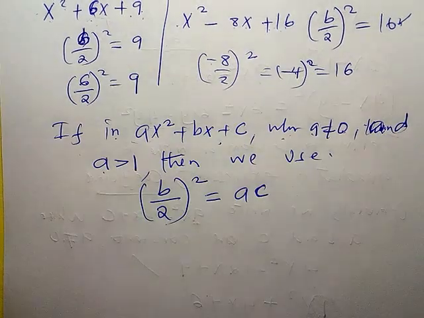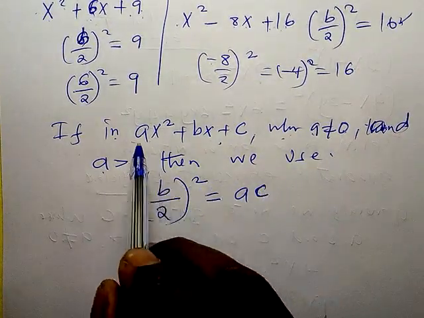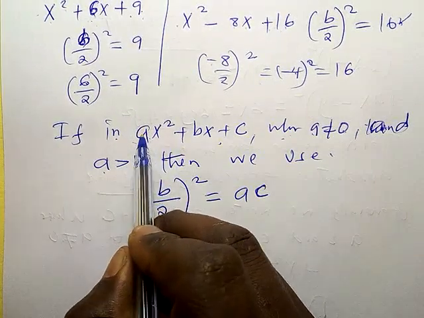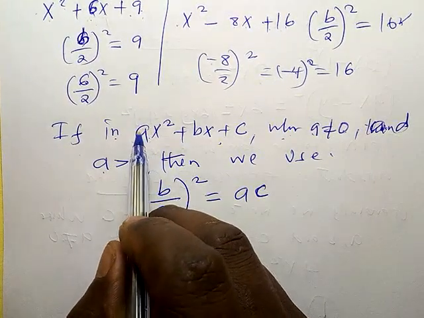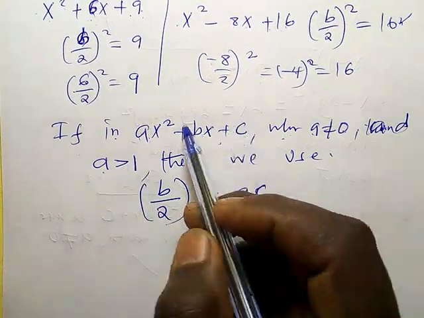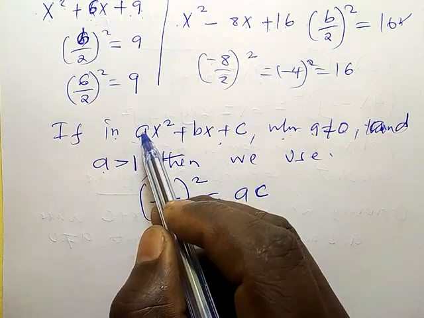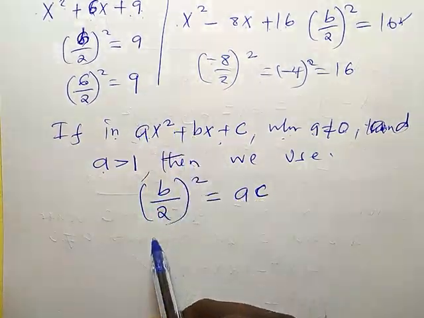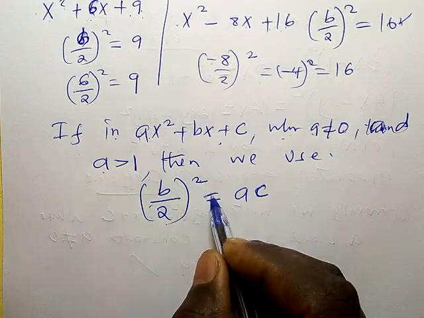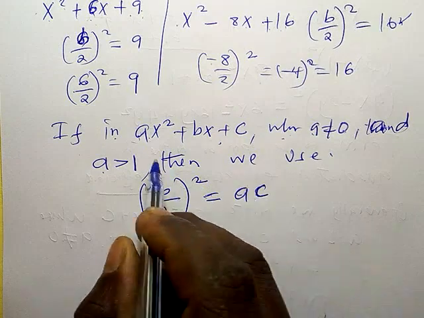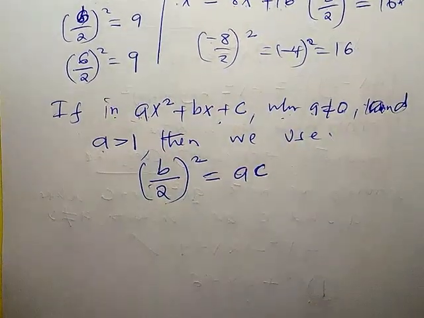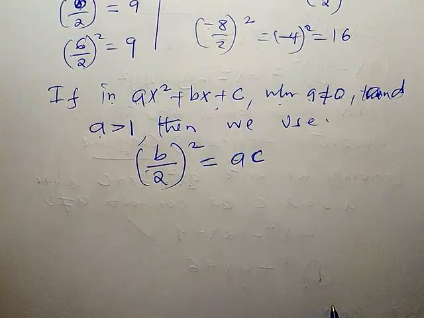I'm saying this in an expression where the coefficient of x squared is not 1. It is not 0, but it is a number more than 1. So 2, 3, 4, 5, all of those numbers. So if it is a number more than 1 here, then we are going to use this expression that (b divided by 2) squared should always be ac. ac is this coefficient times c, our constant. I hope I'm very well understood.